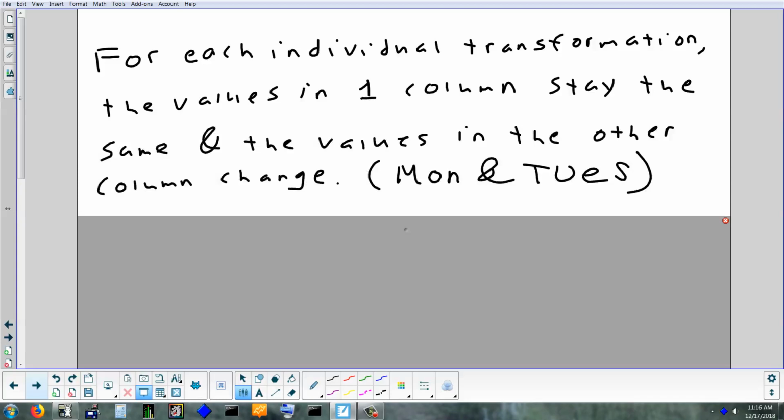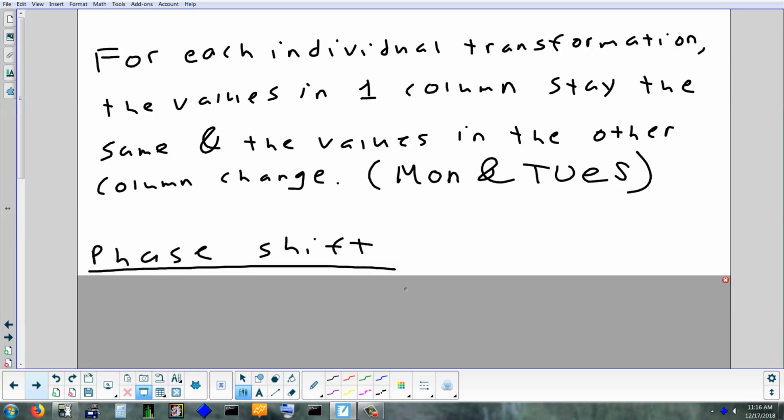If you start getting into transformations that say shift it up and left at the same time, then both columns change in those original tables. So since one column is going to stay the same today, depending on the transformations we do, either the x's or the y's, all you're going to have to do for half the table today is copy down the table I already gave you. For half of it. The other half is going to change, but half of it won't.